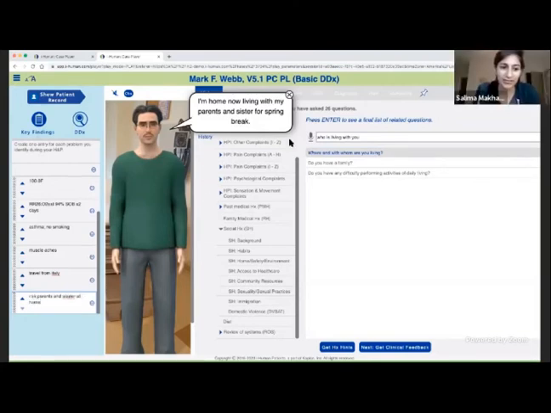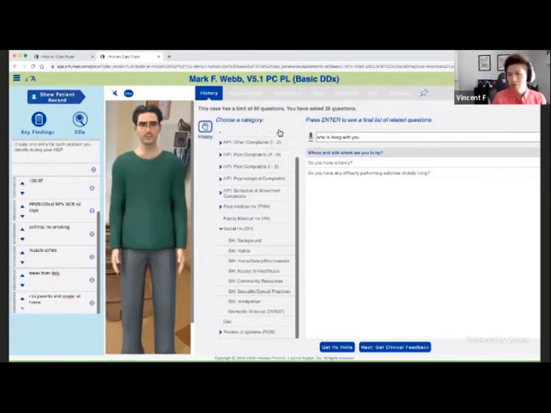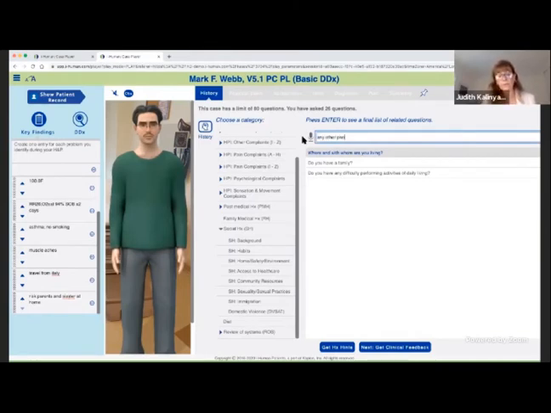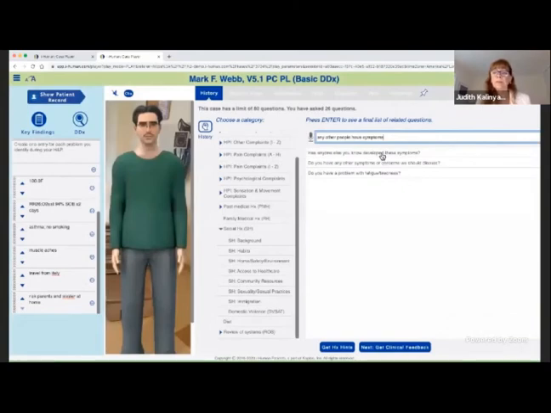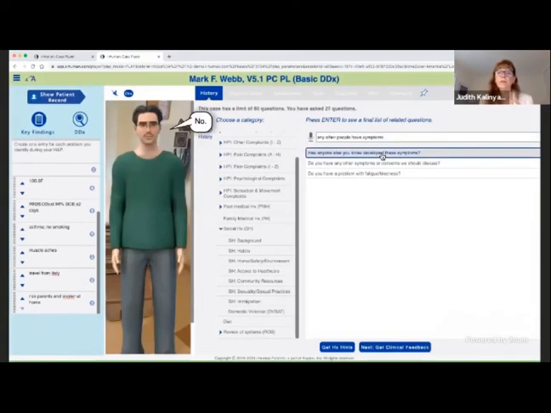At this point, I would ask him, has his parents or sister had any symptoms similar to his? Okay, so we're going to get at symptoms. Anybody else have symptoms? No. So that's good to know.